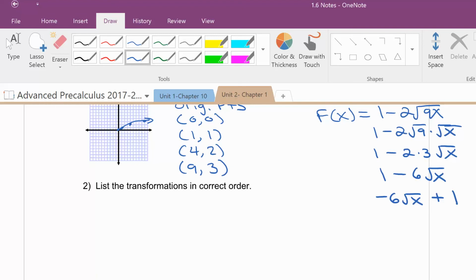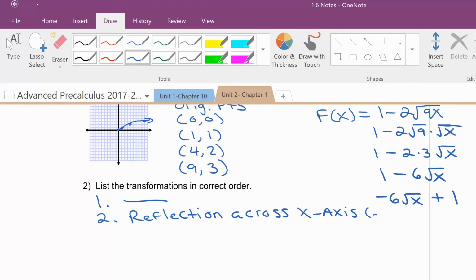If you look at the transformations, there is no horizontal shift because there's nothing done inside the square root. There is a reflection across the x-axis because you have negative y. Then there is also a vertical stretch by 6 because you're multiplying by 6.